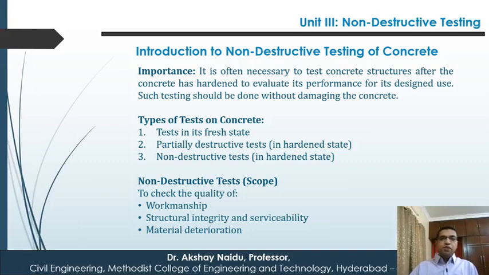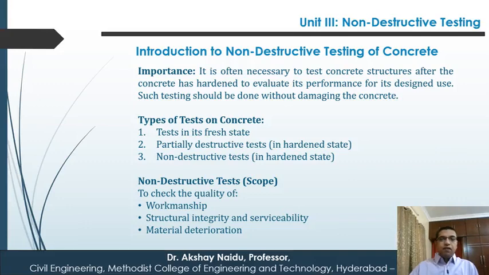There are different types of tests of concrete. One is tests in its fresh state, which we do in our concrete laboratory. Then we do partially destructive tests in its hardened state, and of course fully destructive tests also. When we do quality assurance of concrete, we cast concrete cubes and we completely damage the concrete cubes to identify the compressive strength.